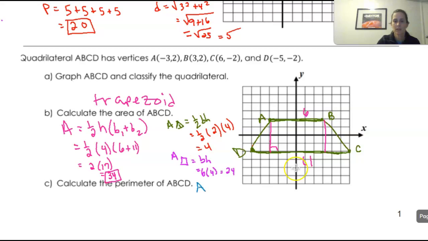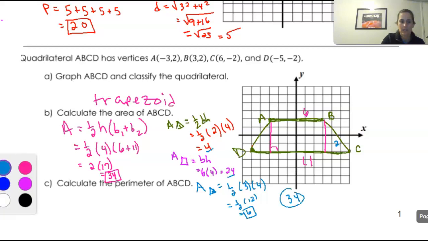Now we just need to find the area of the second triangle, which is this one. 1/2, the base is 3, and the height is the same, which is 4. So 1/2 of 12 would get us 6. We add each of those together. So I know 4 plus 6 is 10, plus 24 is an area of 34.